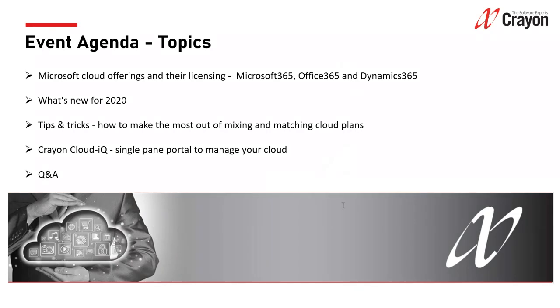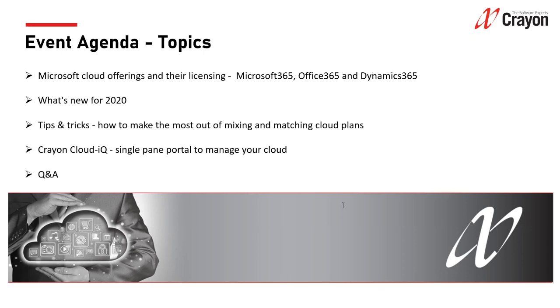So the agenda will look like this. We will have a look at the M365 and Office 365 plans that are available at this moment, and the licensing program where you can access the cloud plans. We will have an overview of the main Dynamics 365 plans, and tips and tricks related to how you can mix some of the plans, access some features and increase your productivity.